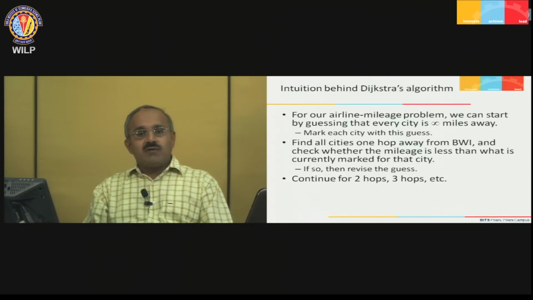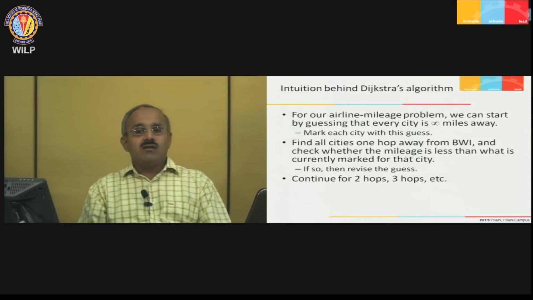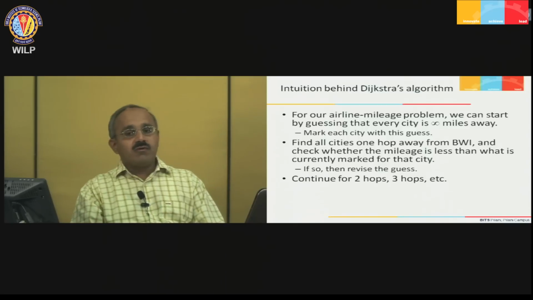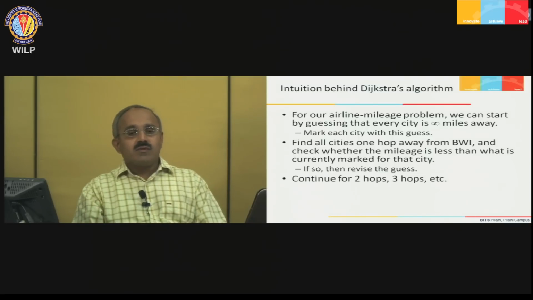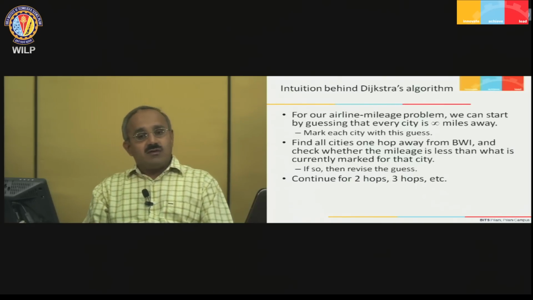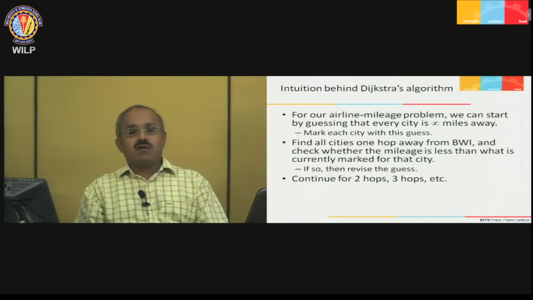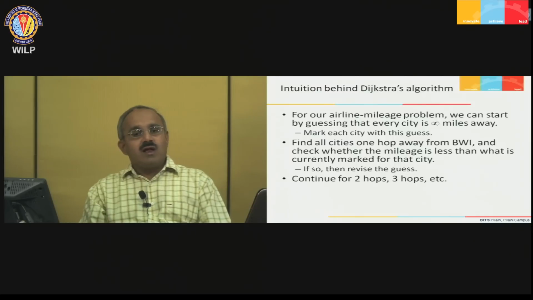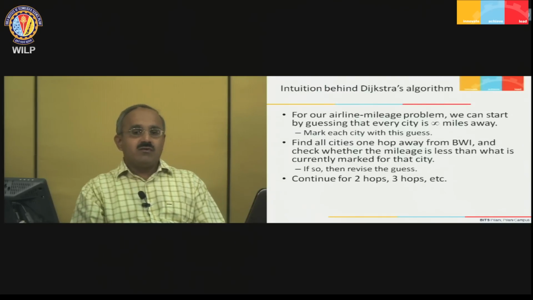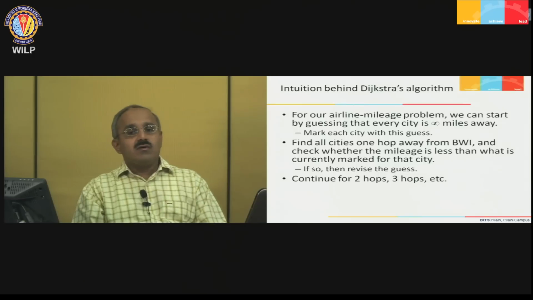In the first step of the algorithm, we visit all the cities or all the points which are adjacent to or which are one hop away from the source. We check the mileage or the weight of that edge with the already marked value for that vertex, and if necessary we update or revise our guess, and we continue this for 2 hops and 3 hops, etc.